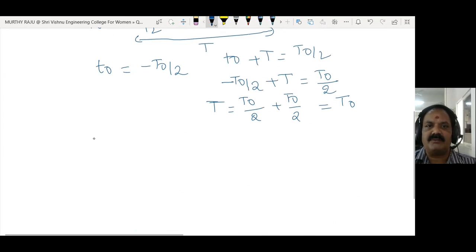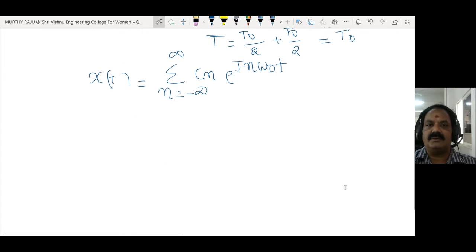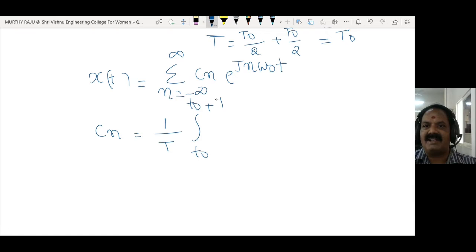According to complex exponential Fourier series, the formula is x of t is equal to sigma n is equal to minus infinity to plus infinity Cn e power j n omega naught t, where Cn is equal to 1 by T, integral from small t0 to small t0 plus capital T of x of t e power minus j n omega naught t dt.